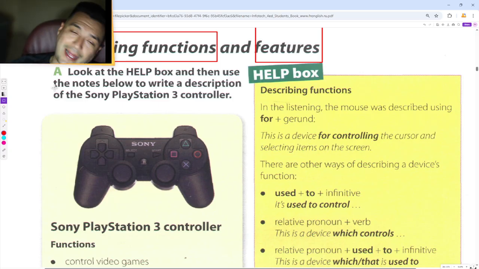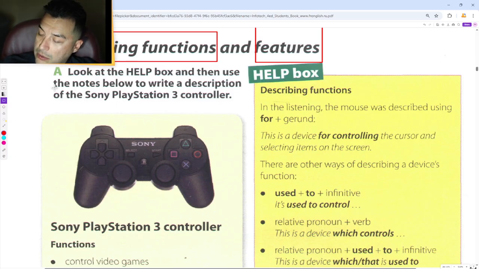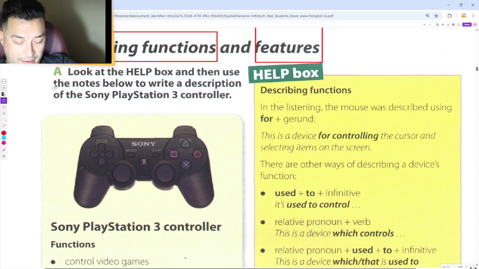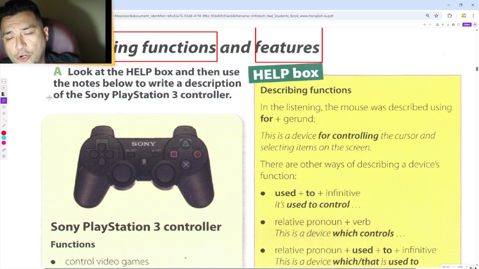In today's class, we have a skill: describing functions and describing features. When you describe what the gadget or the technology or the device is supposed to do, or some of the traits or features that it has.